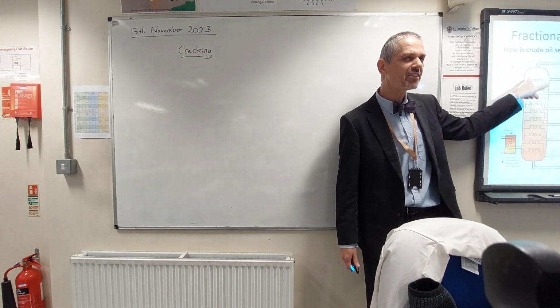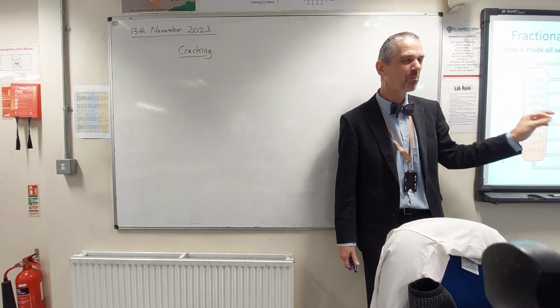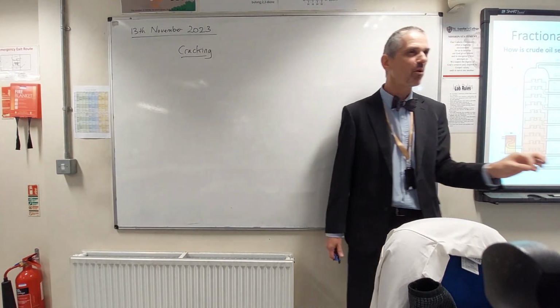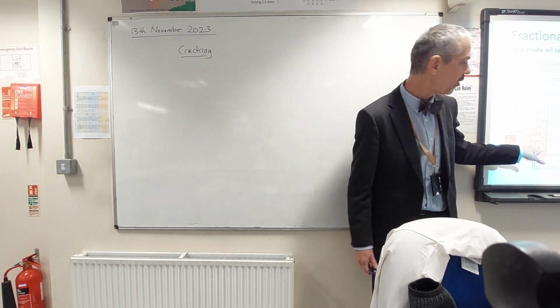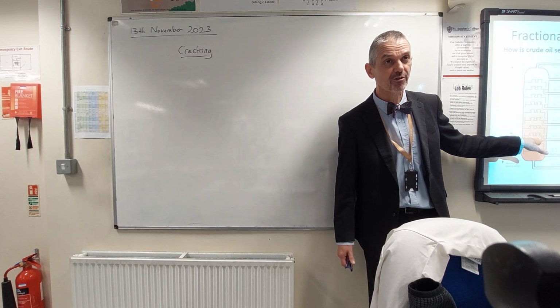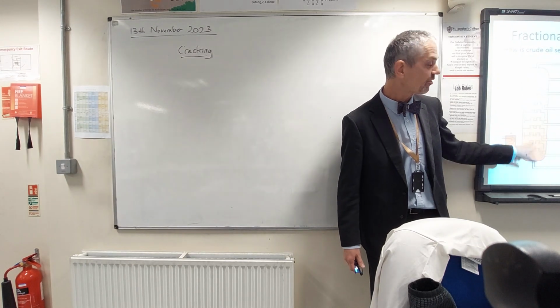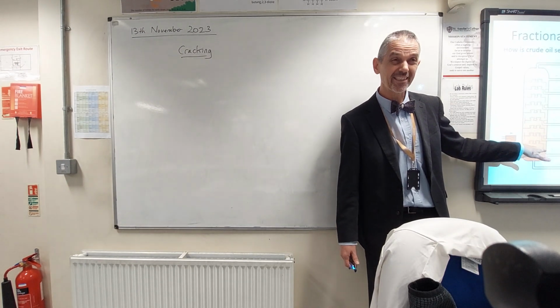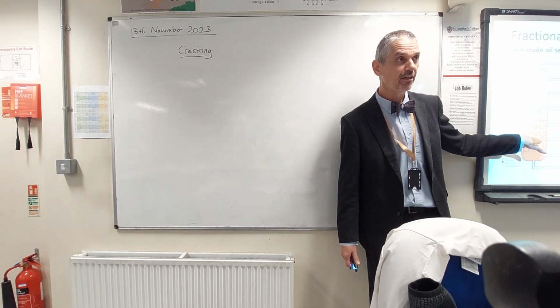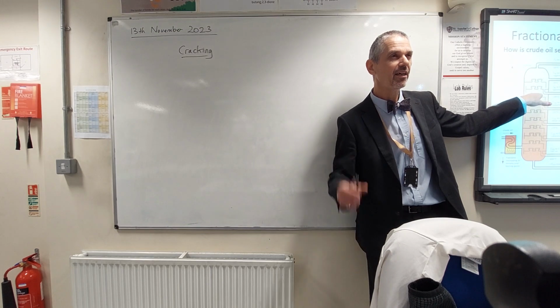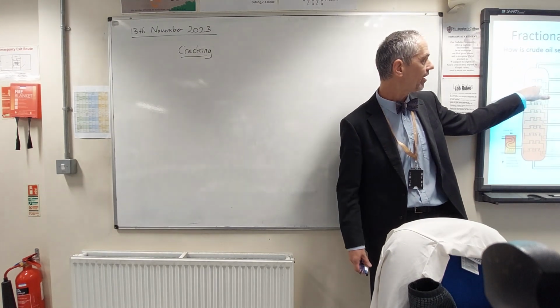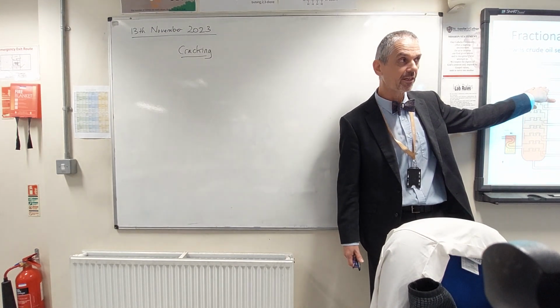The point at which the vapor condenses depends on the boiling point of that bit of vapor. If it has a boiling point of 300 degrees, it'll condense down the bottom of the tower. But if its boiling point is 100 degrees, it'll keep going up until the temperature drops below that, and it'll condense somewhere up here.